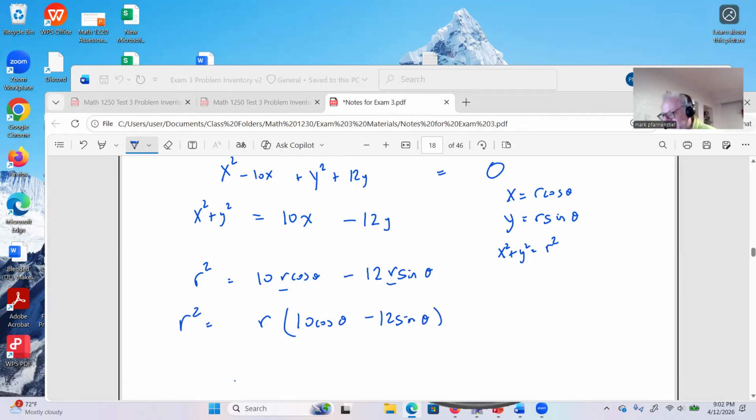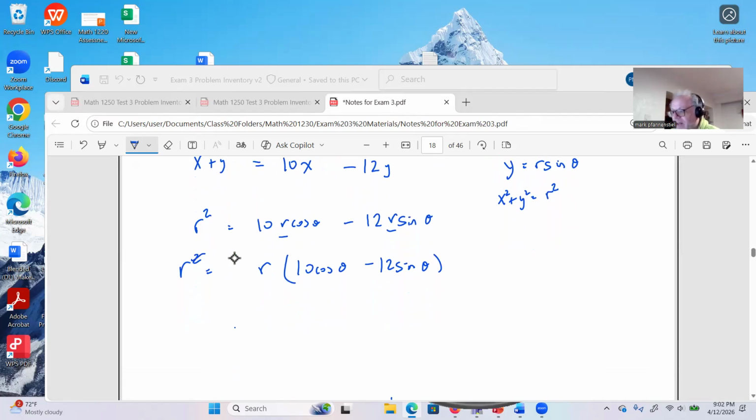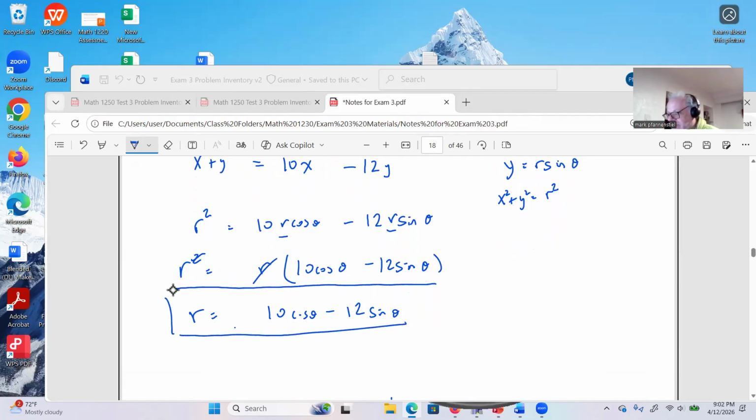We can scratch out a square here and one of the r's, and they cancel. r is never going to be 0. It's kind of a boring function, but r is not going to be 0. So r = 10 cos θ − 12 sin θ, and that is a circle. It's not centered at the origin, but that is a circle in polar coordinates.